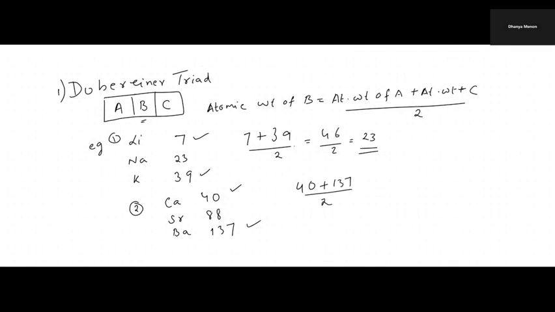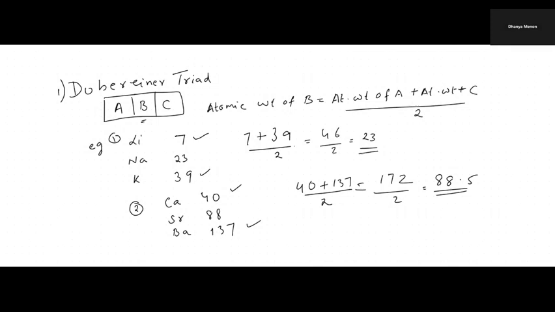We are finding out for strontium. This comes to 177 by 2, which is 88.5. So it is roughly, almost similar to the one that we have for strontium.